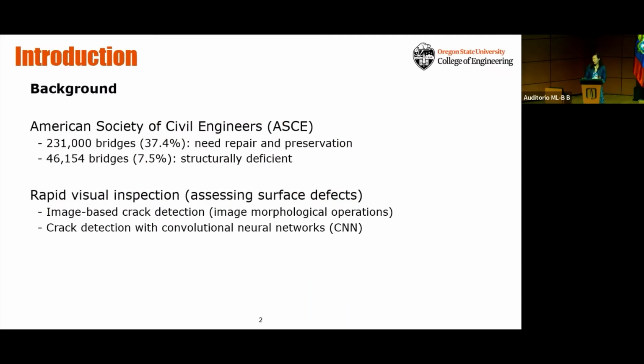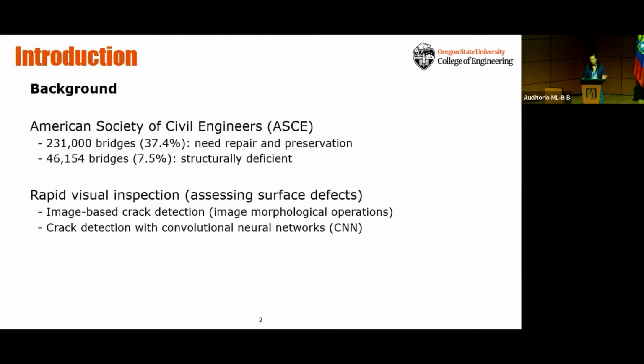In the United States, we have many bridges that are structurally deficient or needing repair and preservation. Approximately 37% of the bridges in the United States require repair and preservation, and roughly 7.5% of them are categorized as structurally deficient by the ASCE, American Society of Civil Engineers.